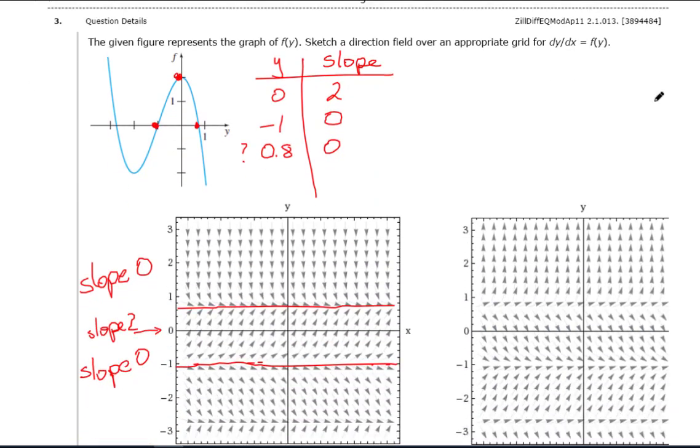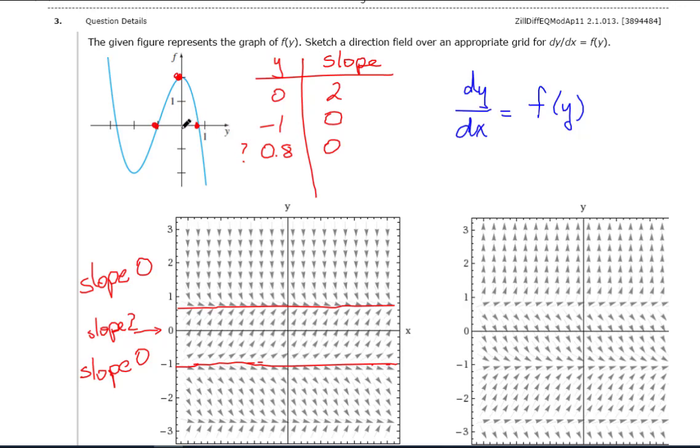All right. So what about what's going on here? Well, now what they have is dy/dx, and the direction field is generated by a function. And that function is this graph. So what is this graph telling me?